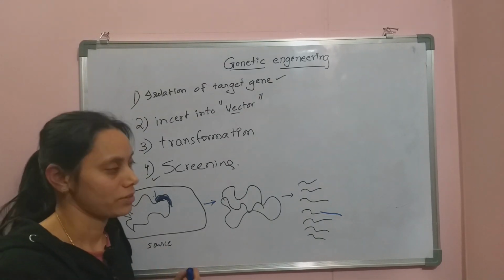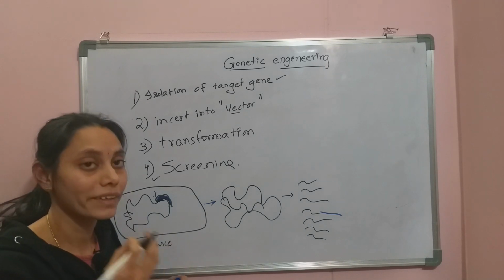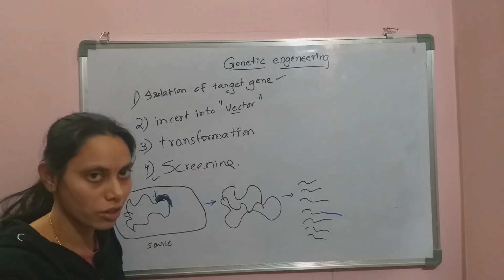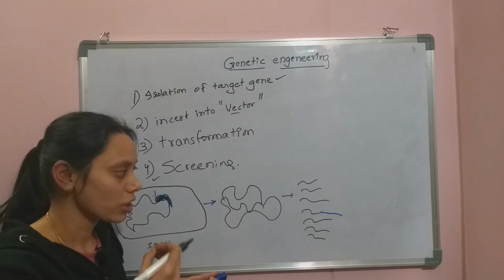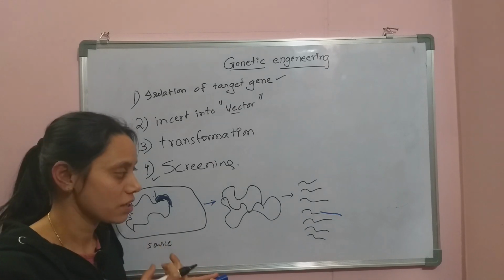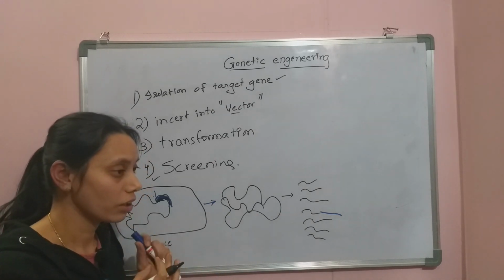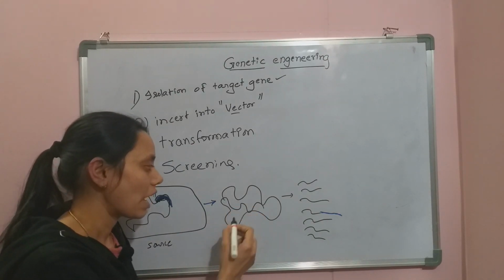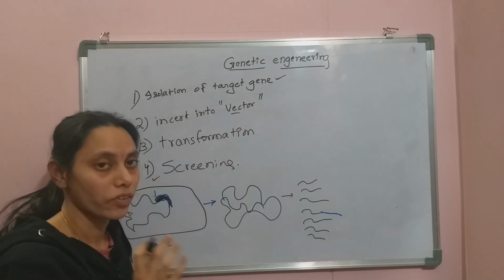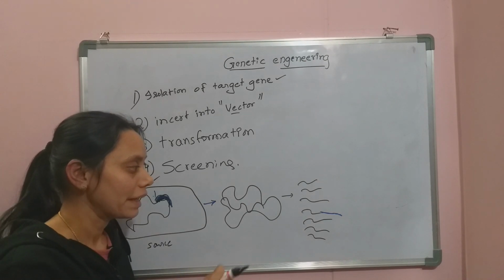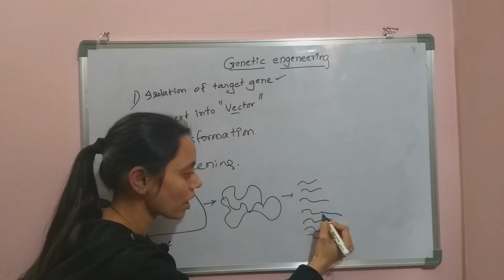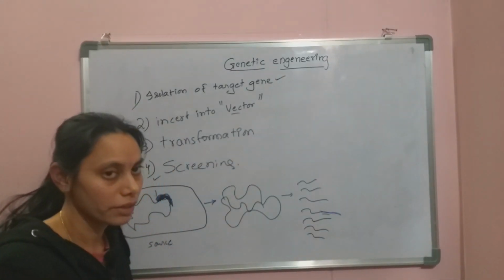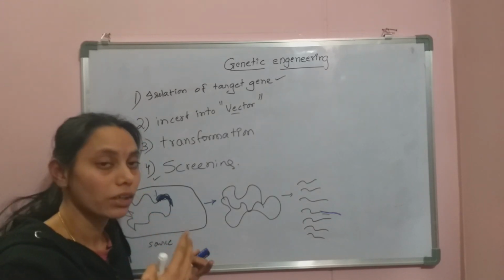What are molecular scissors? Molecular scissors are enzymes, restriction enzymes. These restriction endonucleases are enzymes which can cut the DNA from the middle and at specific regions, so that our target gene will be isolated without disturbance.